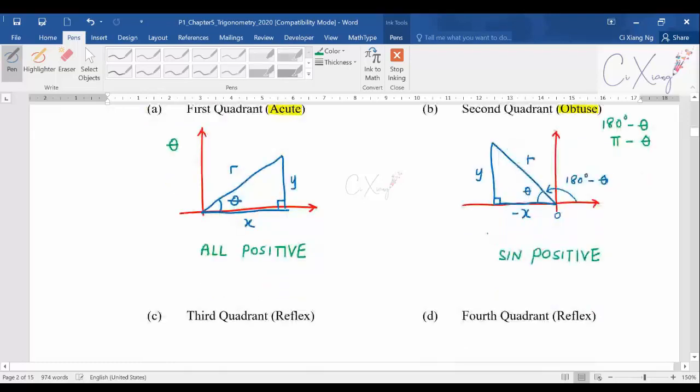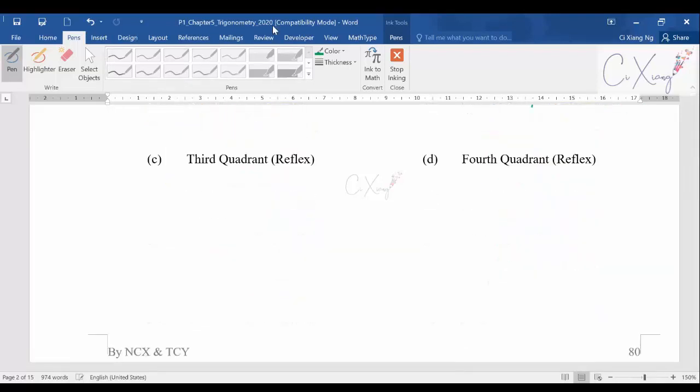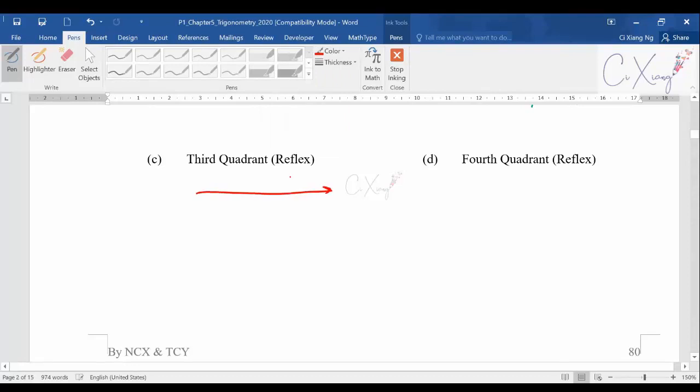Then we continue to the third quadrant. If you want to check the value and draw the triangle in the third quadrant, the triangle will be something like this. Maybe I'll draw the triangle bigger.